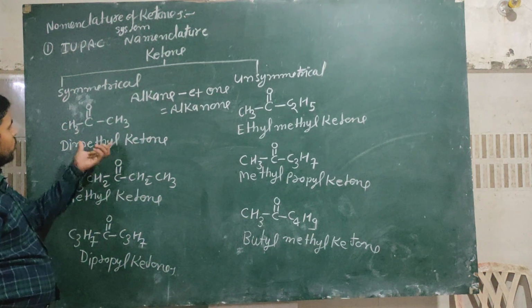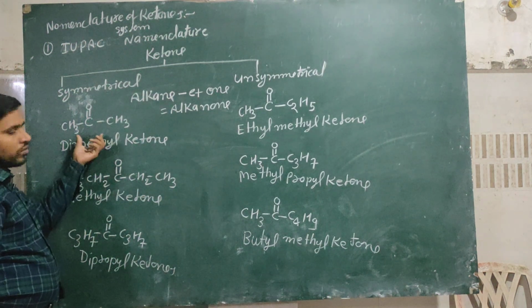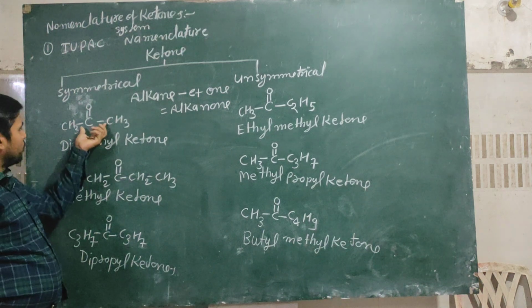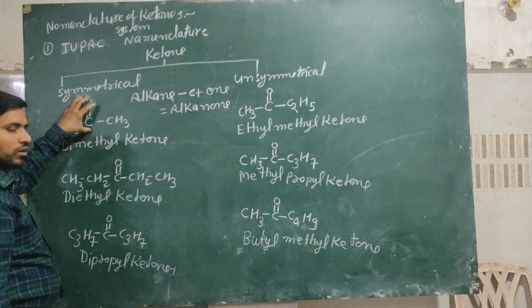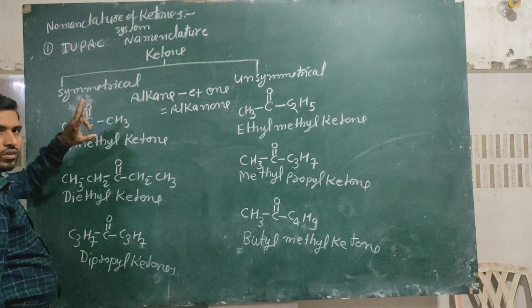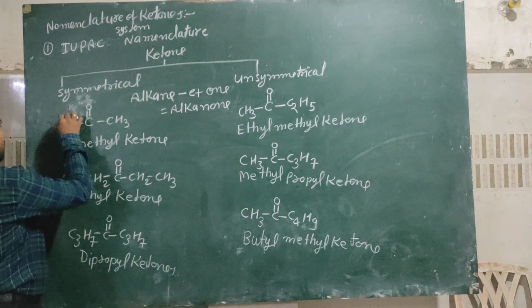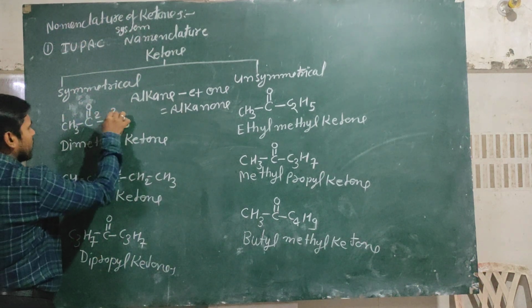And in alkanone, the minimum place for the ketonic carbon is 2, like first, second and third.